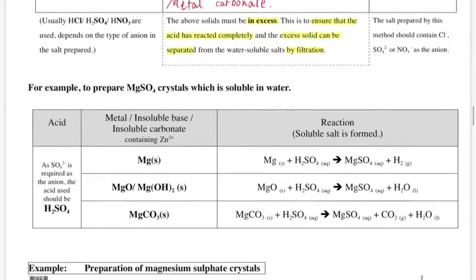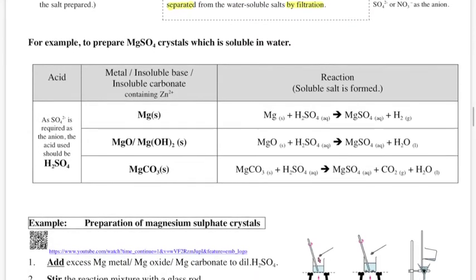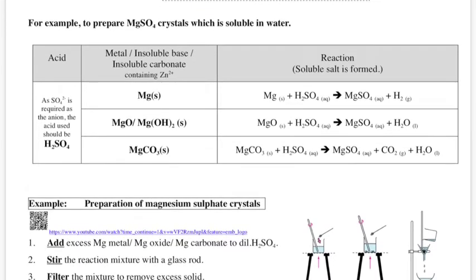Now, let's try another example. If we have magnesium sulfate as the target salt, what are we going to choose? First, we need to choose an acid that contains the sulfate ion, so of course, sulfuric acid. Then we need to choose a metal or metal compound that contains magnesium.